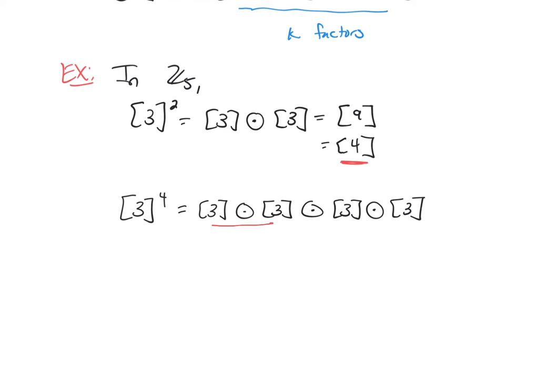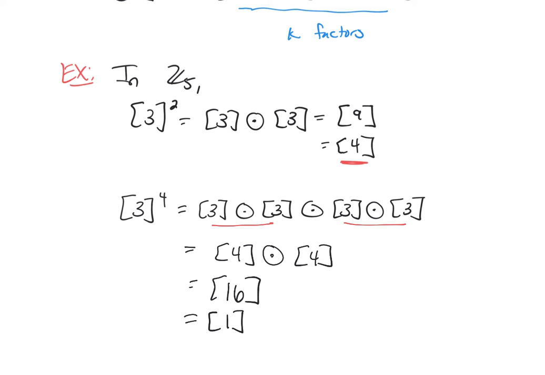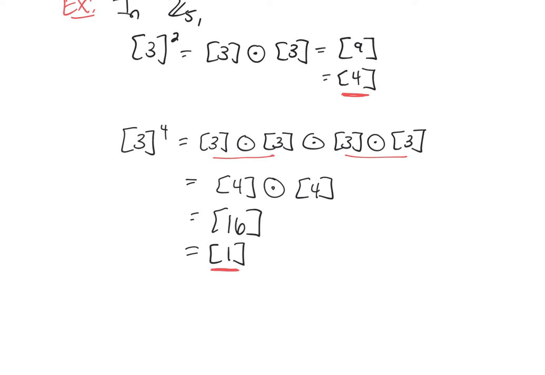It's 4, so I can replace that by a 4. I can also replace this by a 4. So I get 16. And again, you need to reduce that down. So what's my remainder when I divide 16 by 5? The remainder is going to be 1. So that's what 3 to the 4th would be. It would be 1. So that's how we work with exponents.